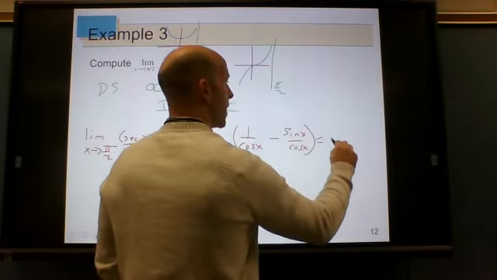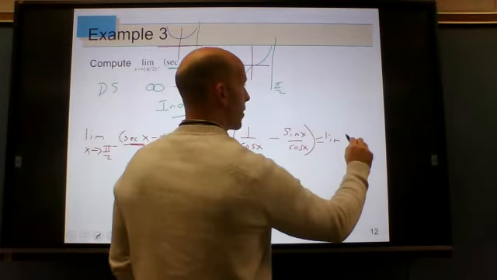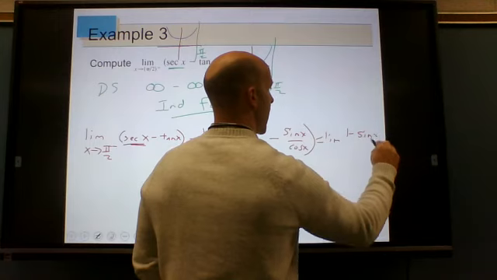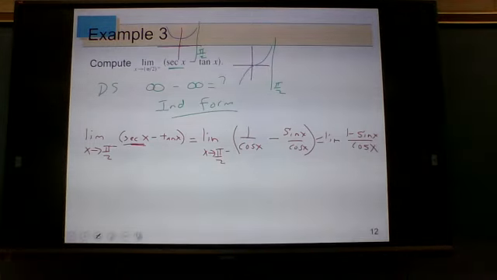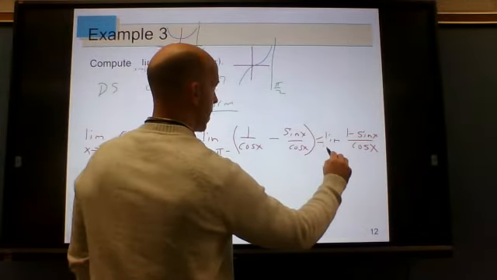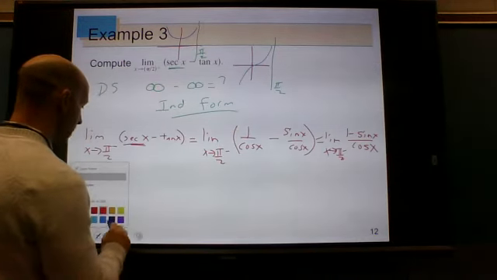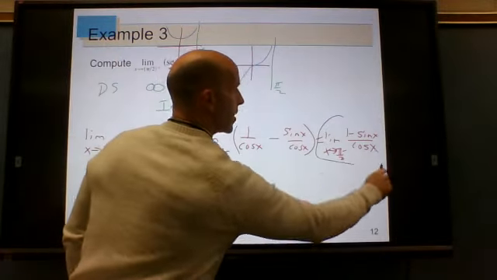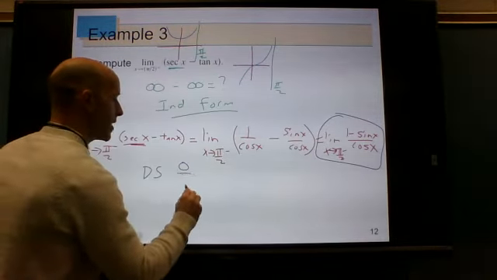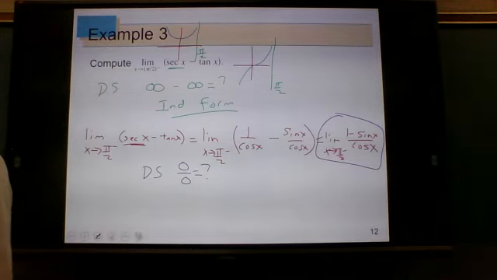Now that's nice because I have a common denominator and I can say that this is 1 minus sine x over cosine x. Now it turns out that if we went ahead right now and did direct substitution, this particular limit is going to end up giving us 0 over 0, which again is an indeterminate form.